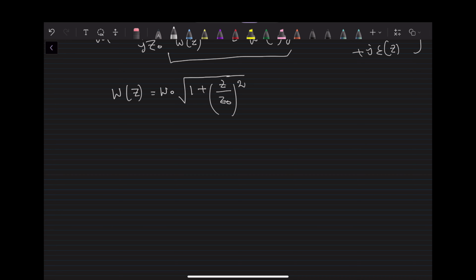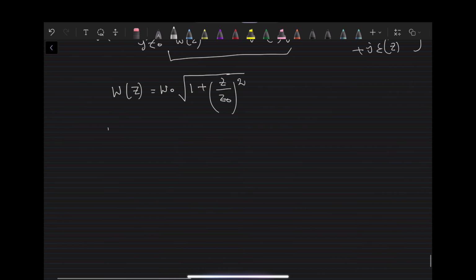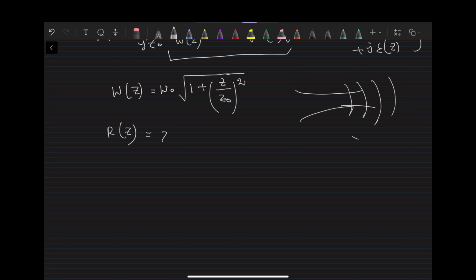So we need to know exactly when the beam is spreading out, and what the expression for it is. Then we have the curvature of the beam. The beam is moving like that, and at the wavefront it's something like that. That curvature is given by this expression.